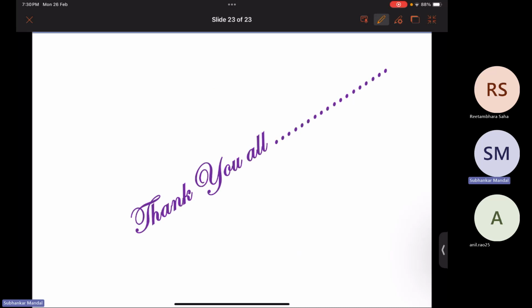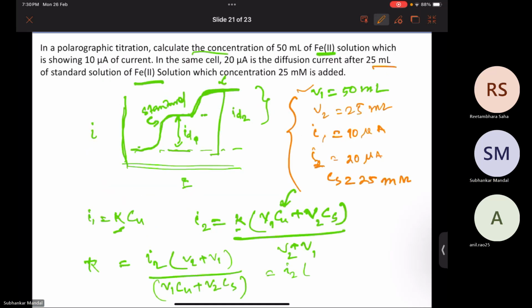Thank you all. Other things we have discussed in the polarographic method: wave height and concentration, and half wave potential. This is the half wave potential of this redox process.